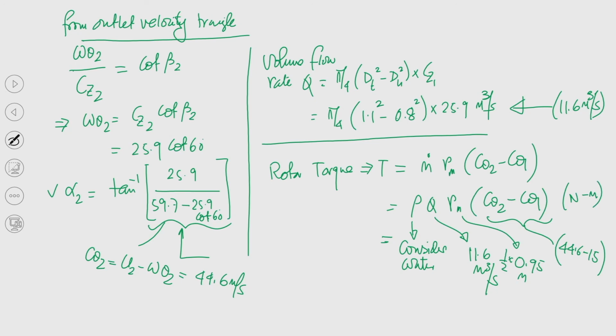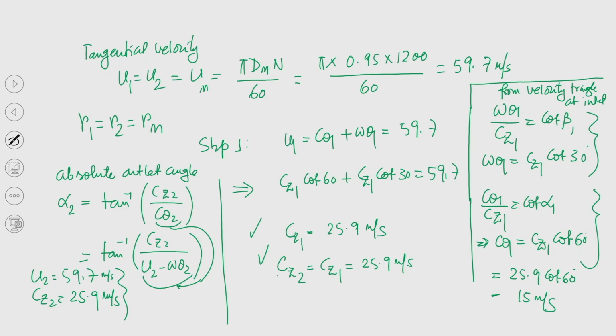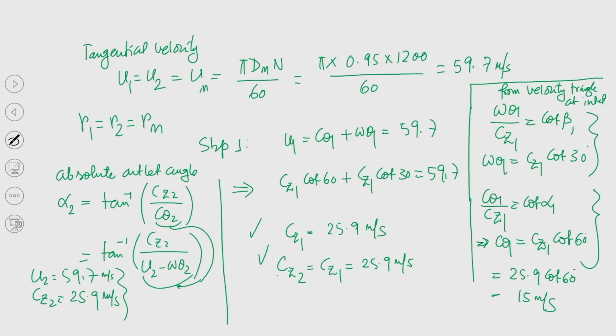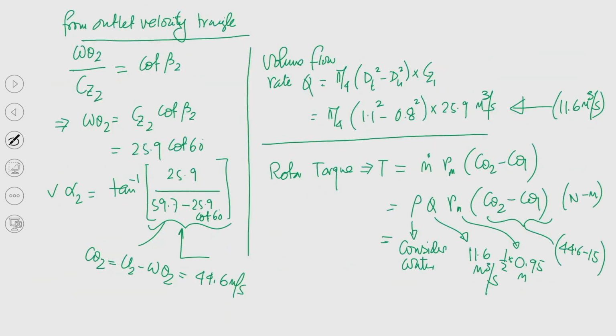Once we have calculated the torque, again if we go to the problem statement, we have calculated rotor torque T, we have calculated volume flow rate Q, and we have to calculate the power required P. P would be equal to T into omega.